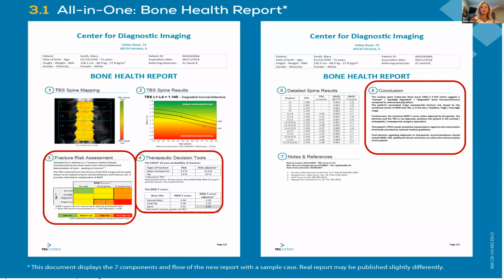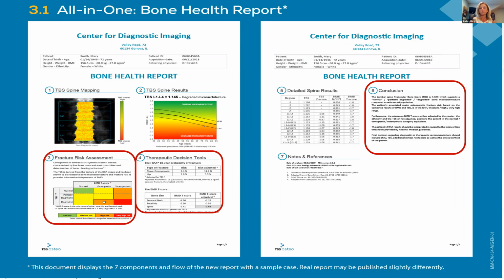On the left-hand side of the report, it gives you the TBS spine mapping and the spine results in terms of the reference curve, but it also gives you a couple of really important features that weren't there before. One is the fracture risk assessment grid, which goes into the whole discussion Professor Hans described, taking BMD T-score and TBS together in making decisions.